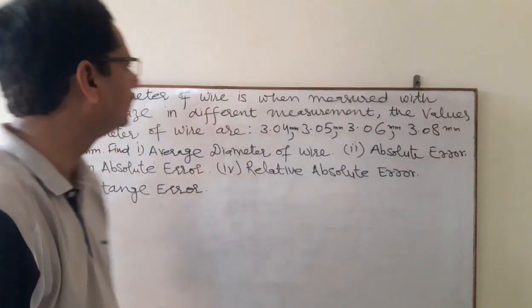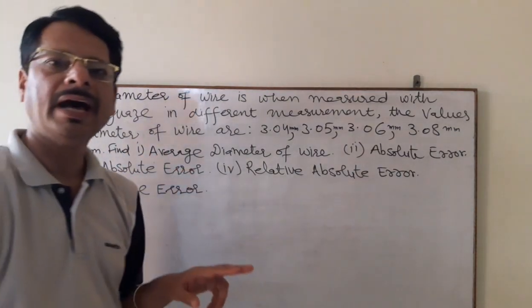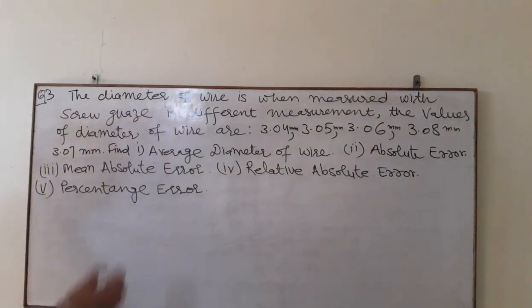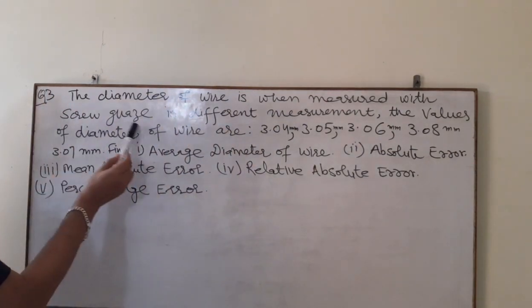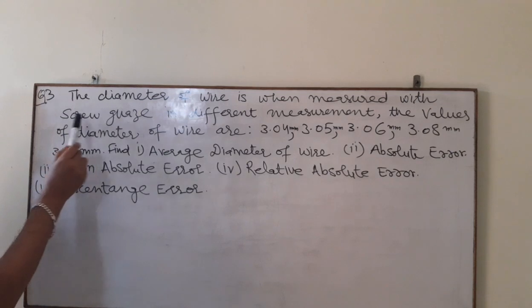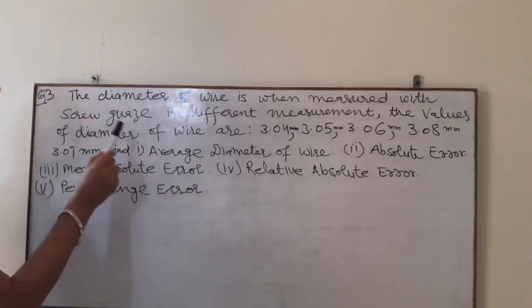Yes, our now third example is related to errors. The diameter of a wire is measured with a screw gauge. This is a new term for you, screw gauge, and you will be doing one practical also with this.